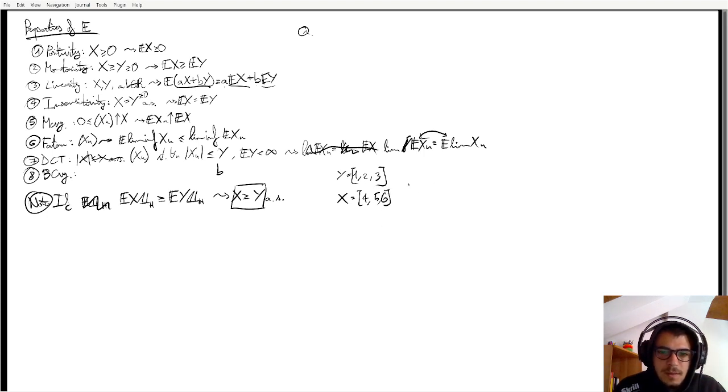Then the expectation of x is greater than the expectation of y, but in this case x is greater than y, because all the values that x can take are larger than y. At least this is how I interpret this.